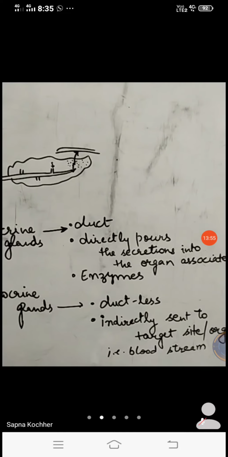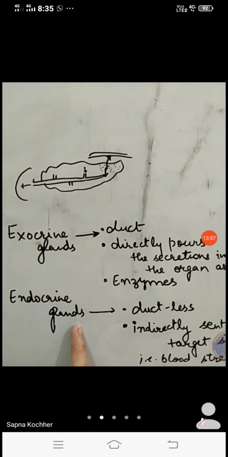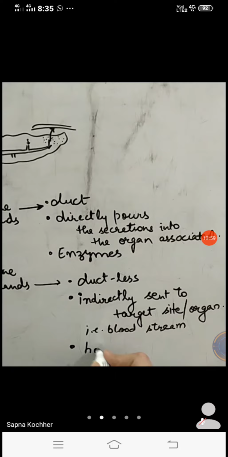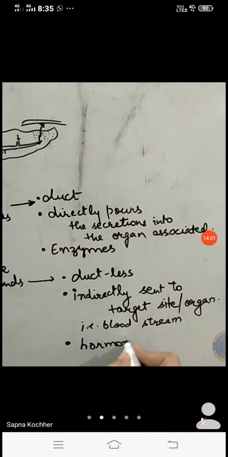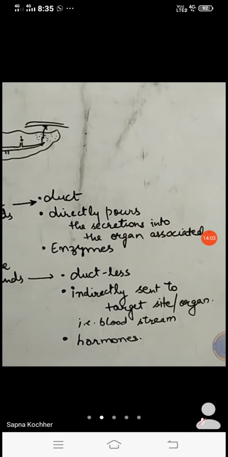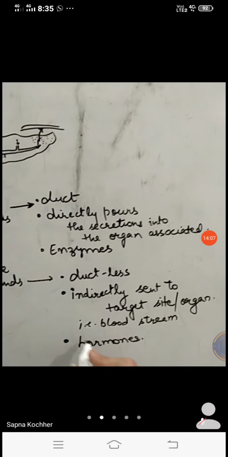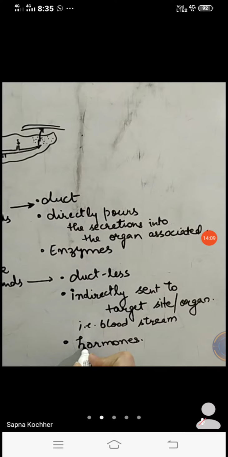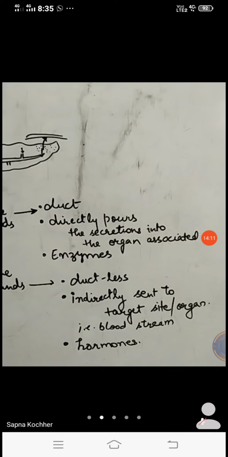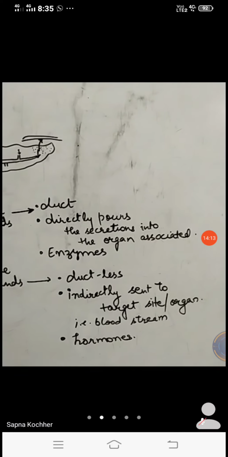Whatever secretions are provided by the endocrine glands are termed hormones. Hormones bring changes related to growth, growth and development both.